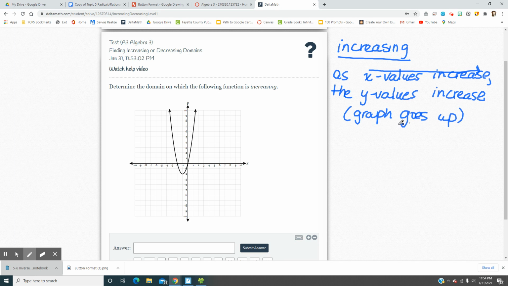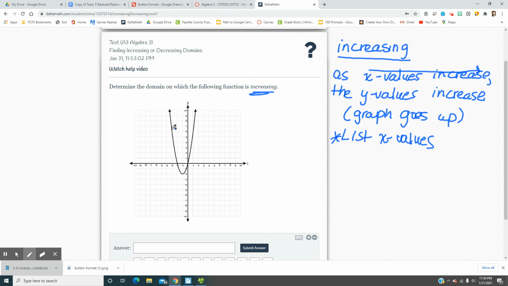So I'm looking on my graph where the graph goes up from left to right, and I'm going to list the x values where that happens. So to find increasing, I'm going to jump on the left side of my graph. I'm going to trace it from the left to the right, and I'm going to look for the part where my pencil starts to go up.